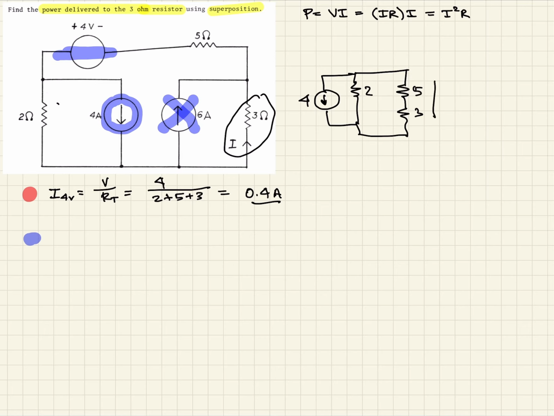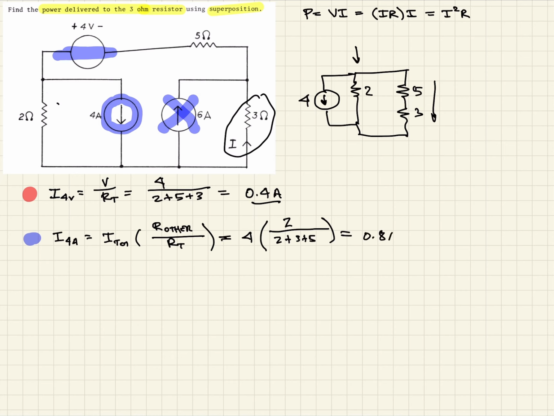So in this case, we'll have 4 amps times the resistance in the other leg, which is the 2, over our total, so that's 2 plus 3 plus 5. When we calculate that out, we see that it should come out to 0.8 amps. So this is the contribution from the 4 amp source.